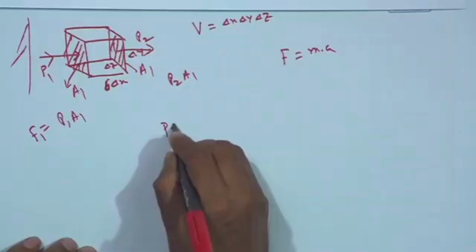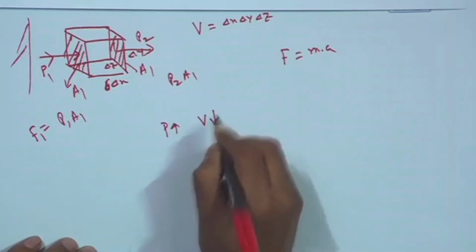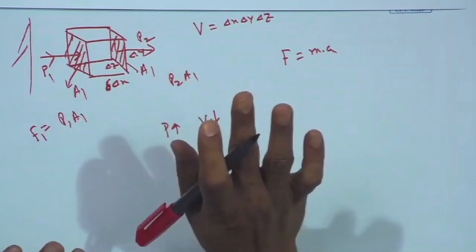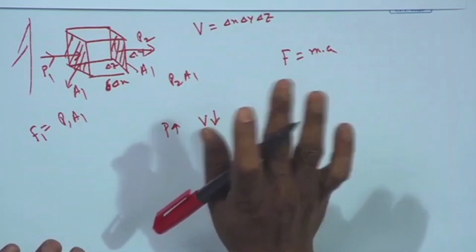Volume will be changed because the cube will be deformed due to the applied pressure. Okay. So, if the pressure increases, the volume decreases, but the mass of the cube will remain the same, and this is an adiabatic condition. So, I say when the sound wave is propagated, there is no conduction of heat.